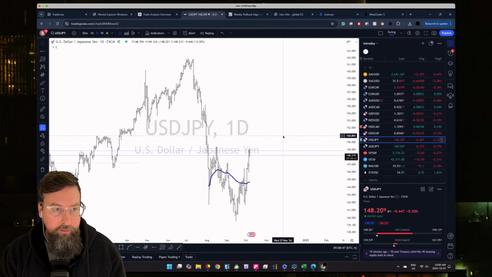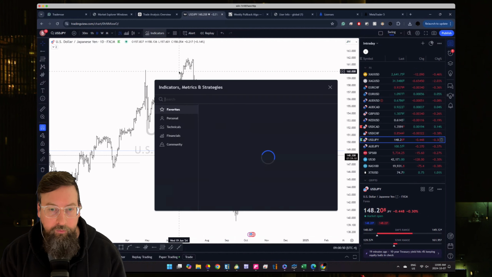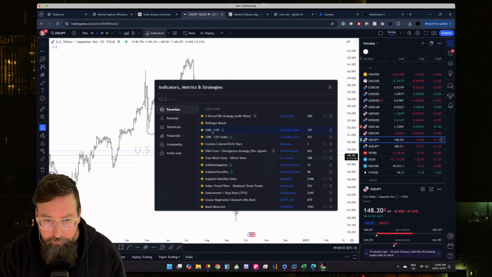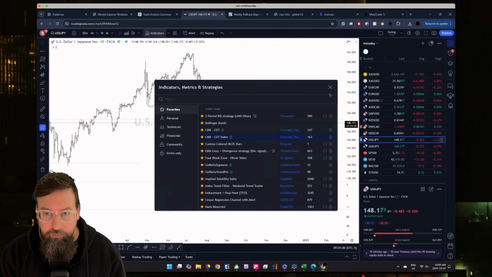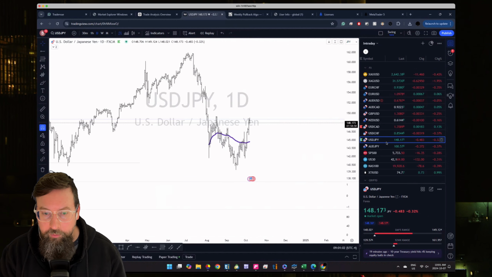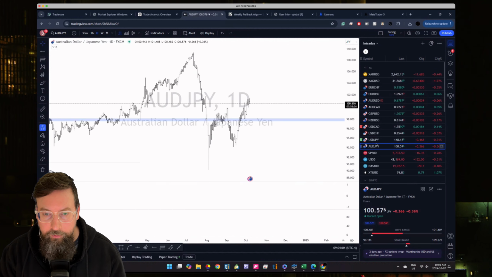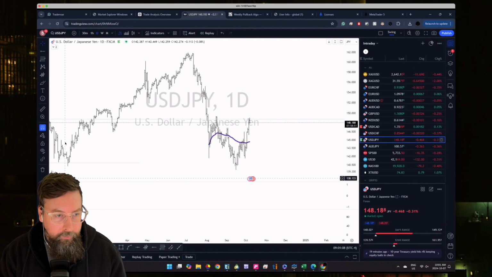And everybody seems to be, let me actually see here. This is a data source that I use sometimes, which shows me commitment of traders data. Let's see if this loads. So no, that's not loading right now. That's okay.